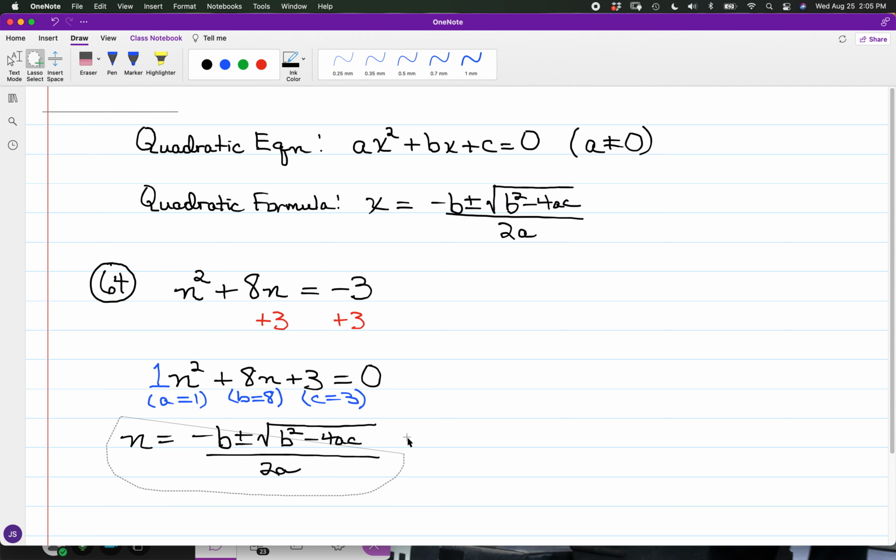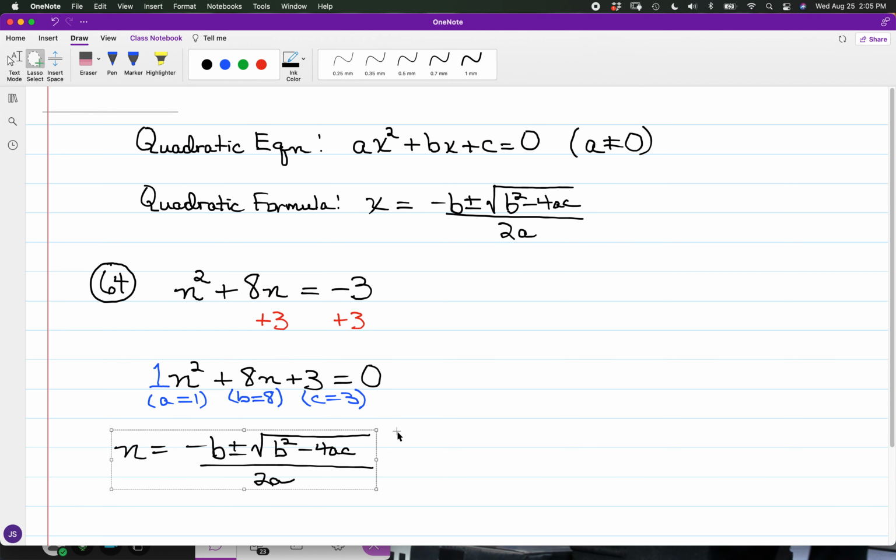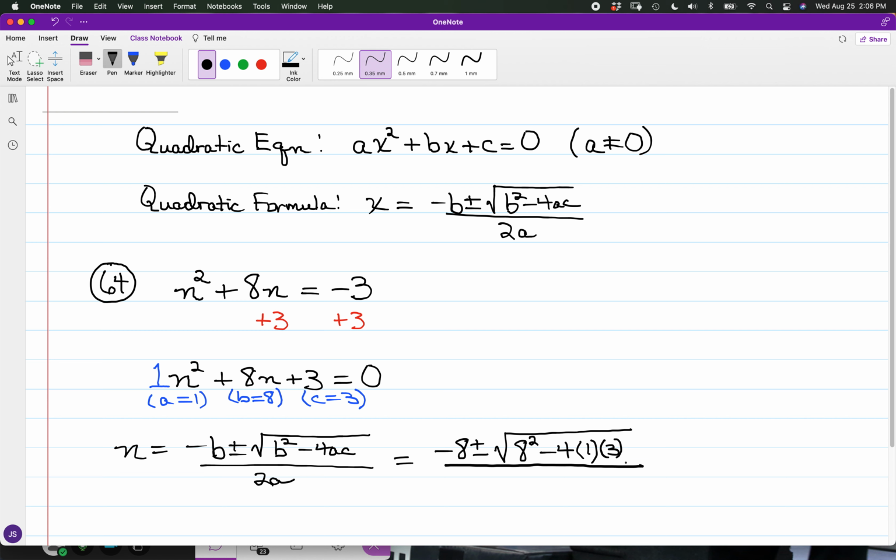Looking at the respective values of a, b, and c, we cross over to the substitution stage. Negative b becomes negative 8, plus or minus the square root, where b squared becomes 8 squared, minus 4ac, so minus 4 times 1 times 3, all over 2a, which is 2 times 1.